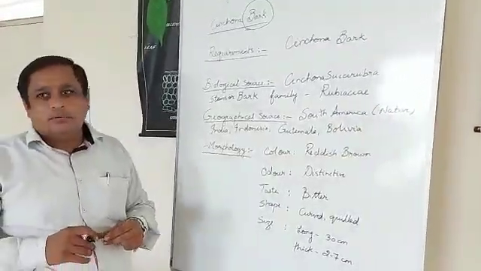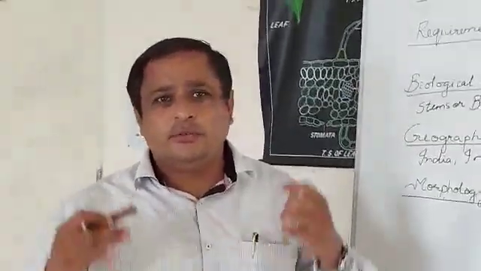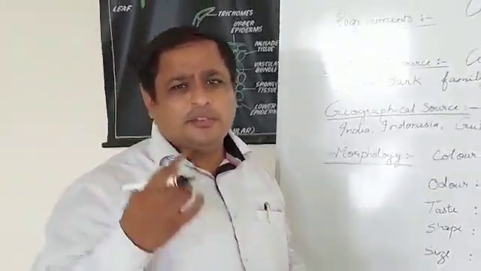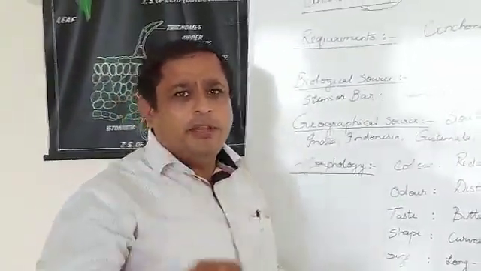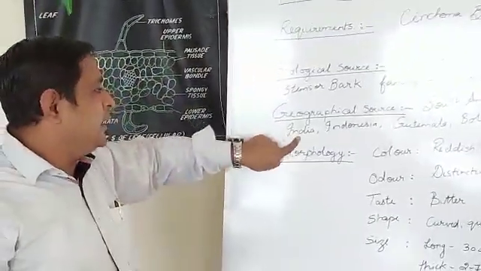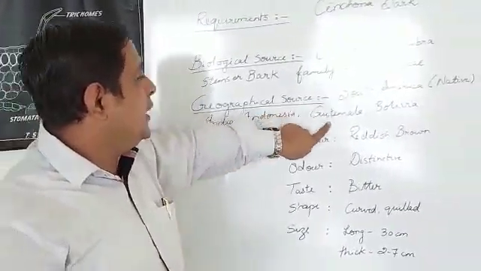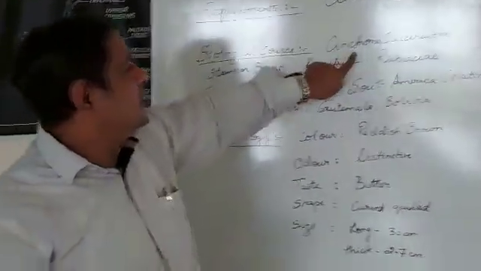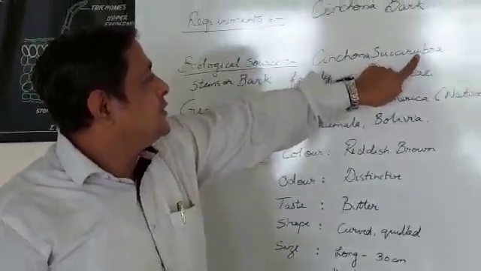But due to the increasing demand of the drug, nowadays it is being cultivated all over the world. Cultivation is done in India, Indonesia, Guatemala and Bolivia. And in India, the variety which we have is Cinchona succirubra.